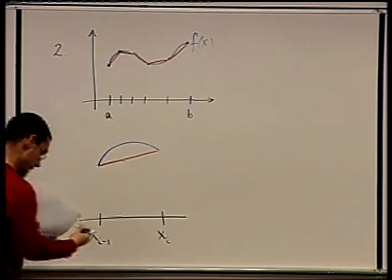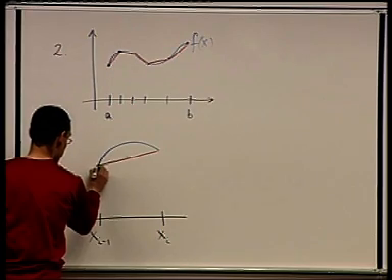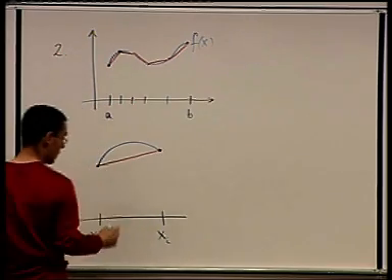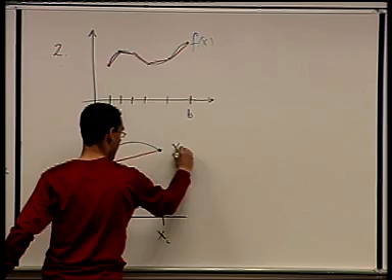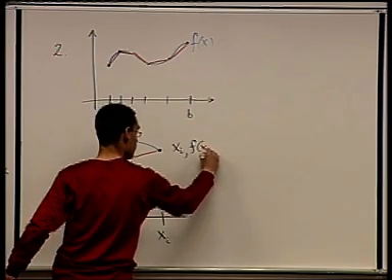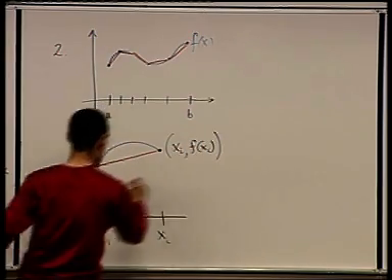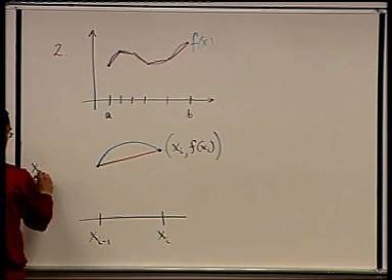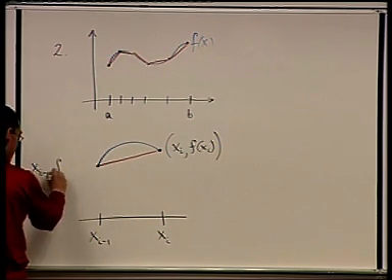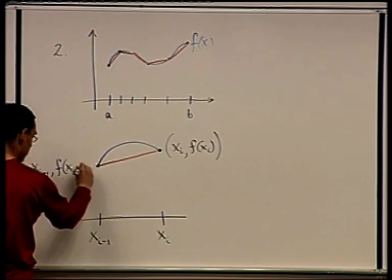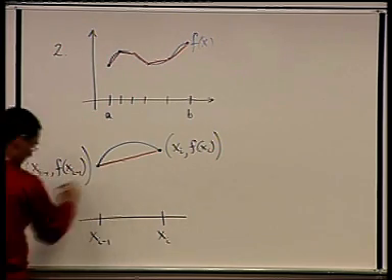Okay? And so what are these 2 points? This is the point xi, f of xi. And this is the point xi minus 1, f of xi minus 1. Do you agree?